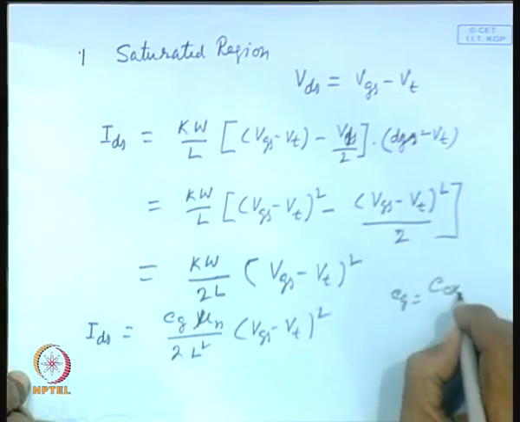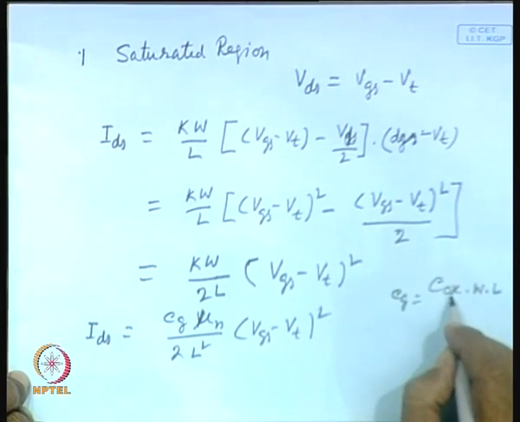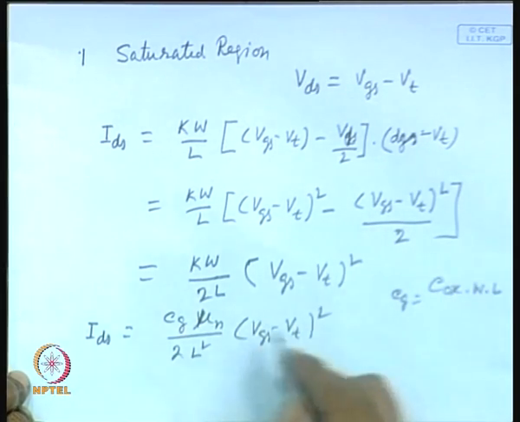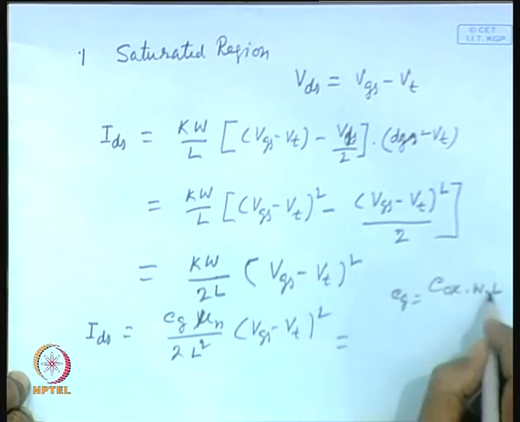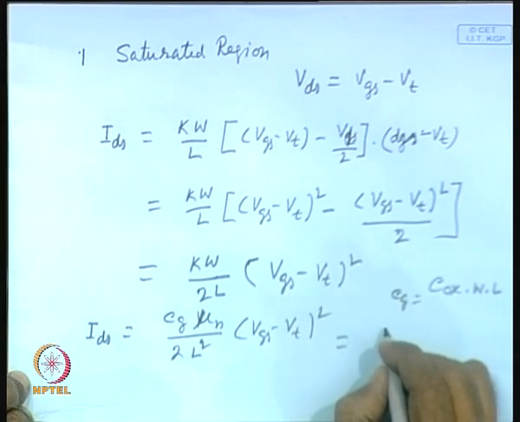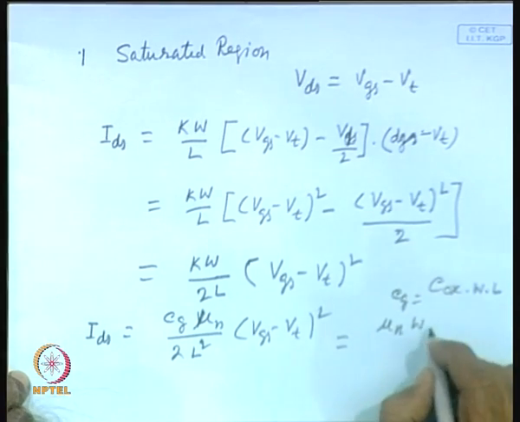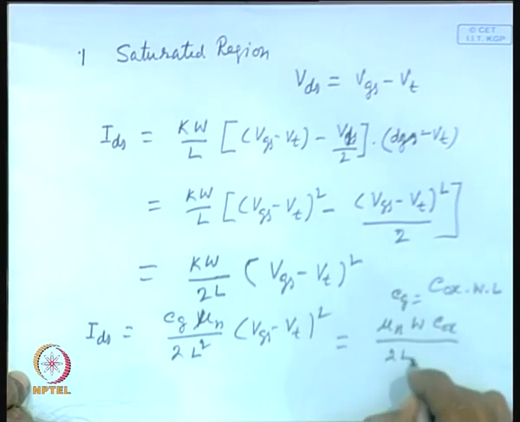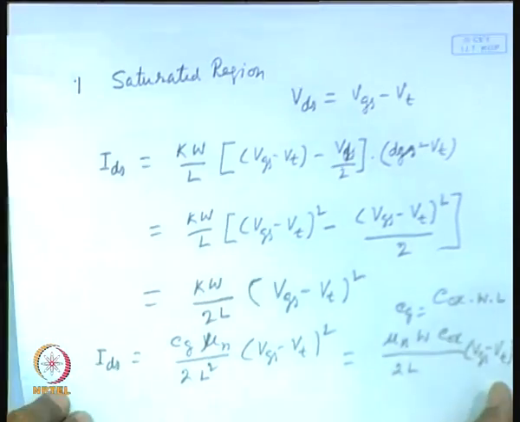Cg will be equal to COX into W into L, since you have to multiply by the area W into L. If we substitute it here, L square becomes L, as one L will cancel out. So, mu n will be there in any case, then W will be there, and it will be COX by 2 into L, and here it will be (VGS minus VT) square. So, this is in terms of the unit gate capacitance COX.